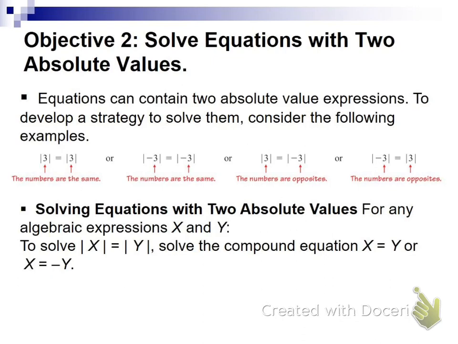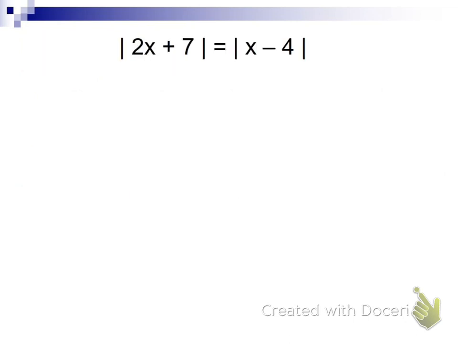Okay, here we go. Objective number 2: solving equations with 2 absolute values. What we're going to do is pick one of the sides and distribute the negative through. If I have the absolute value of this equals the absolute value of that, we drop it and write 2 equations.